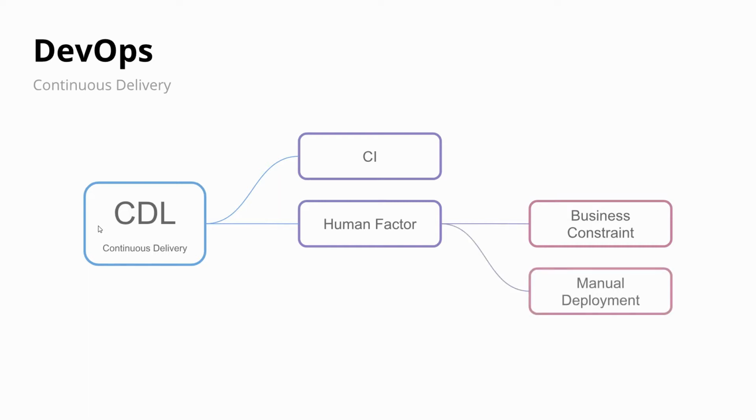So this is more about a human interaction between your repository and the stages and environments you have. With continuous delivery, you'll have a business constraint, which is very important. Continuous delivery implements a manual deployment. That means that a person will have to choose whether something passes.